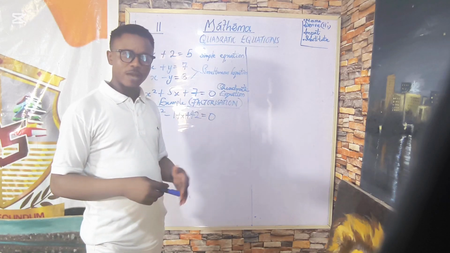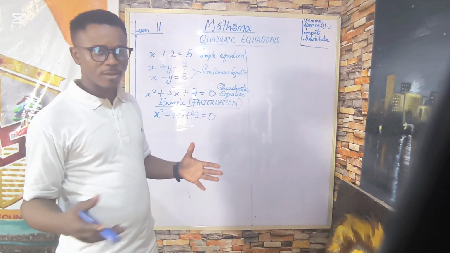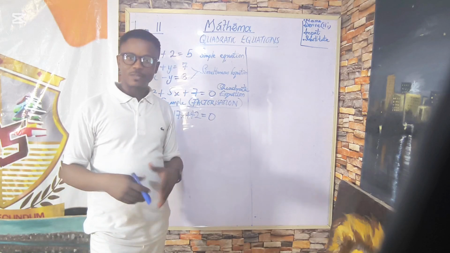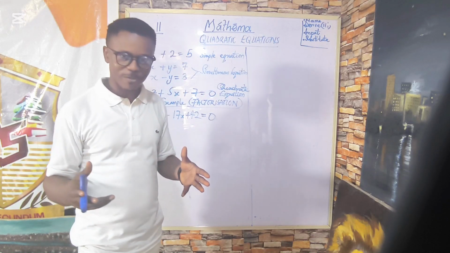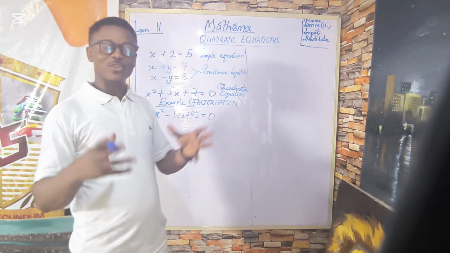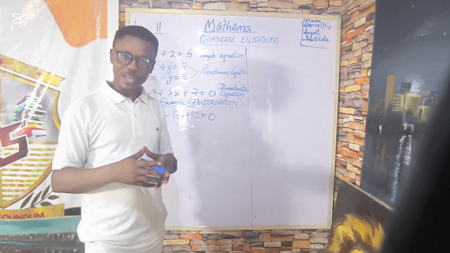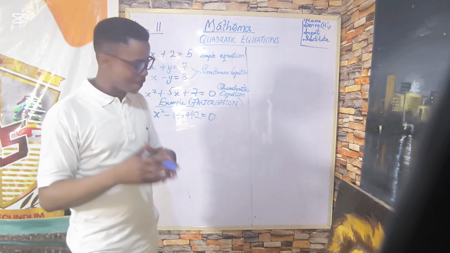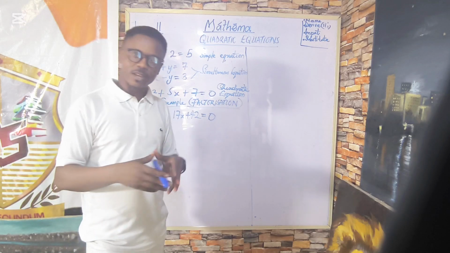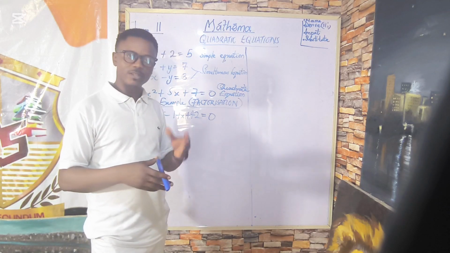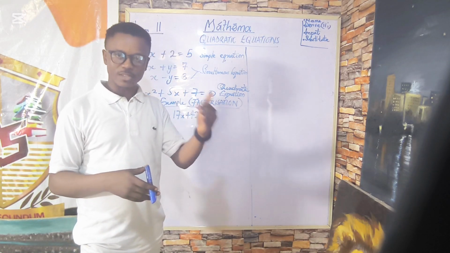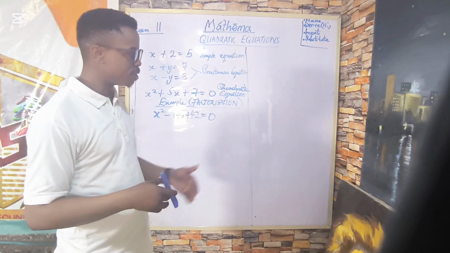And then we also have the general formula method. Those of us from Nigeria like to call it the almighty formula, but whichever way, the actual name is the formula method. The third method is what we call completing the square method.